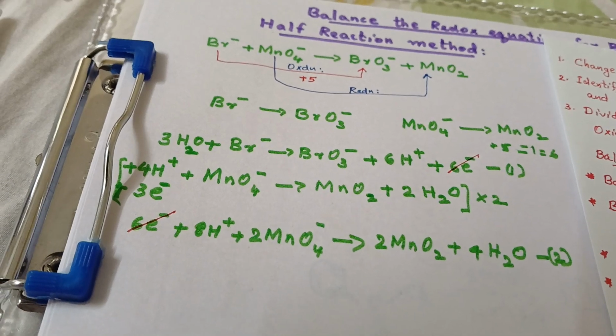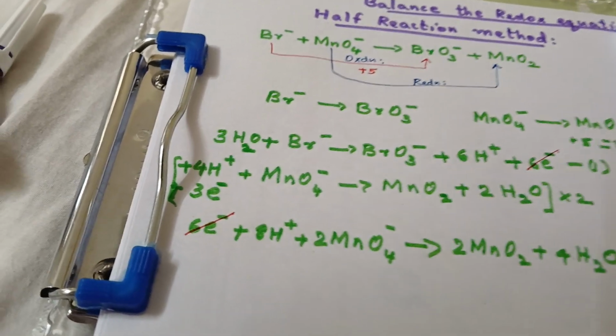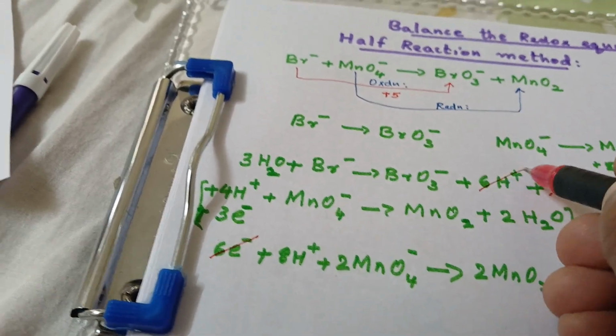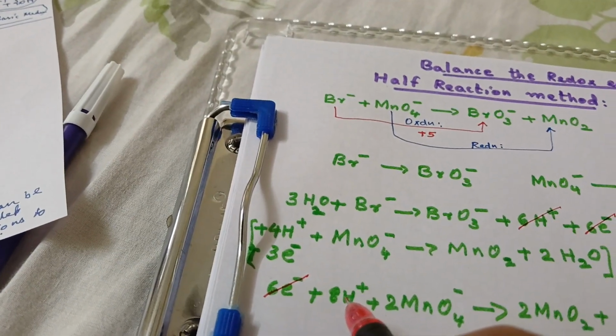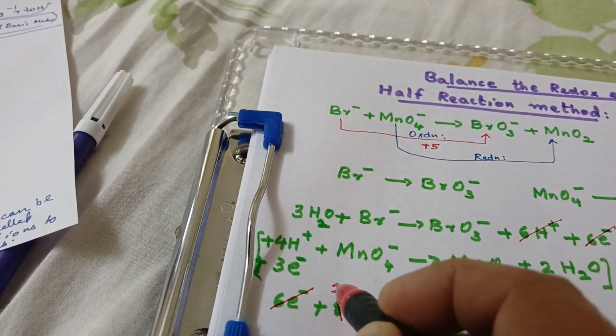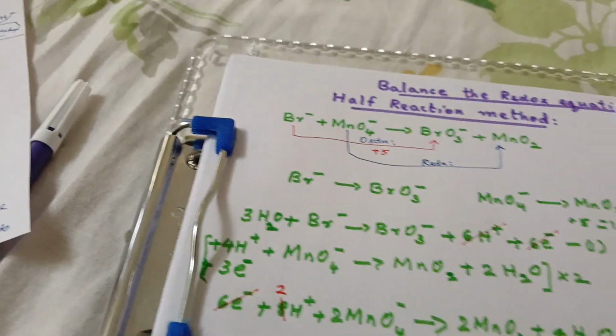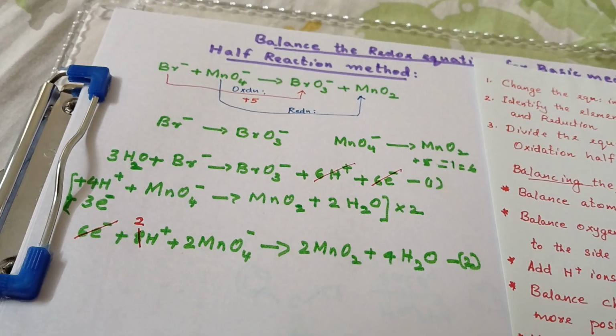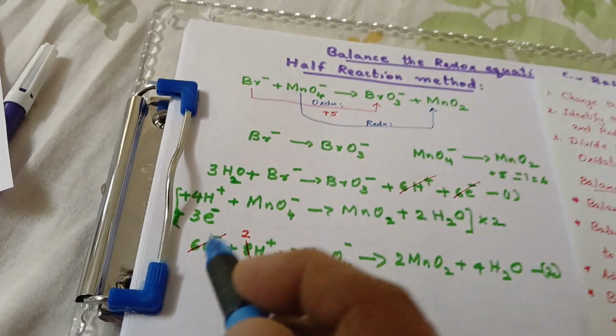What about H plus ions? We have 6 H plus ions on the right hand side there and 8 H plus. So we can subtract 6 from 8 and write 2 H plus here. Anything else? Nothing. So we'll add those two equations.